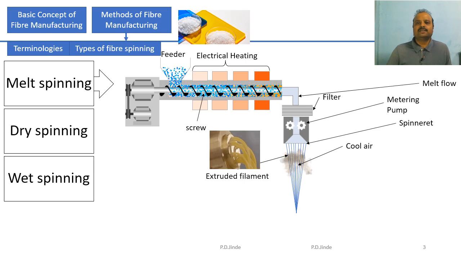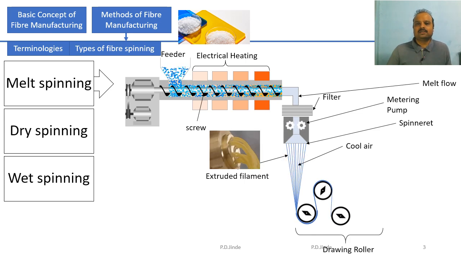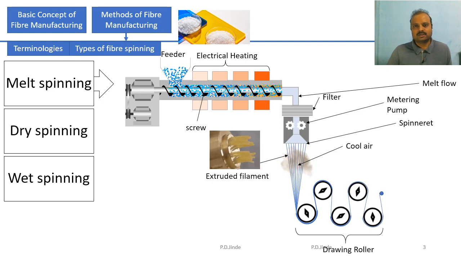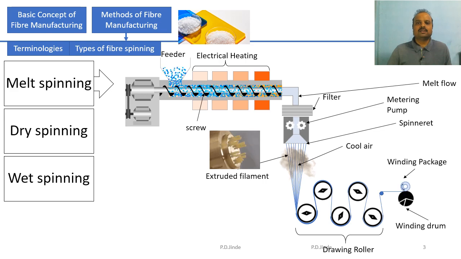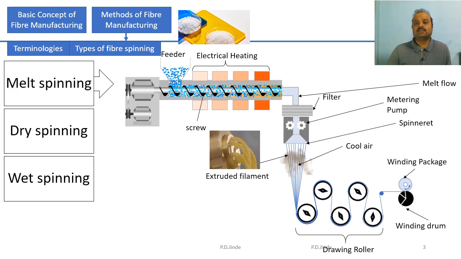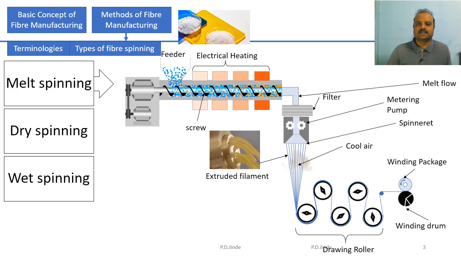These filaments are then drawn to a desired thickness through a series of progressively faster drawing rollers. You can see in this figure the second roller has more speed than the first one. Similarly, the third roller has more speed than the second one. Progressively, the speed of each roller increases.